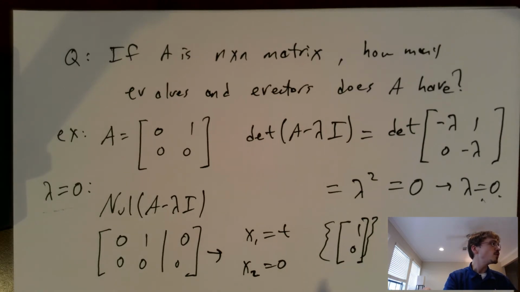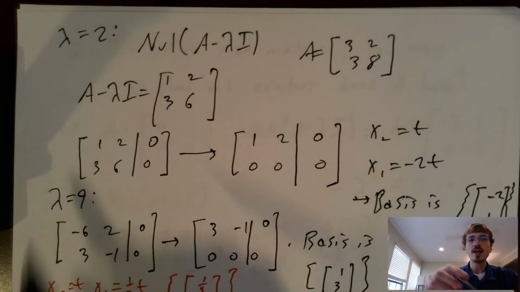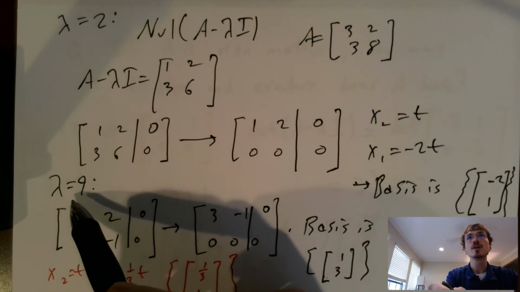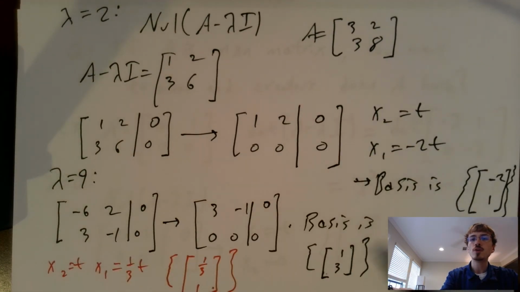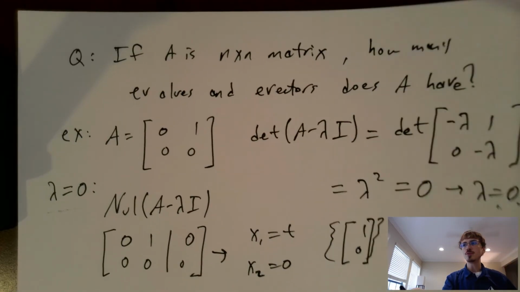Let's recall our previous example. We had 2 eigenvalues and 2 different one-dimensional eigenspaces. That's interesting. What can we say in general?